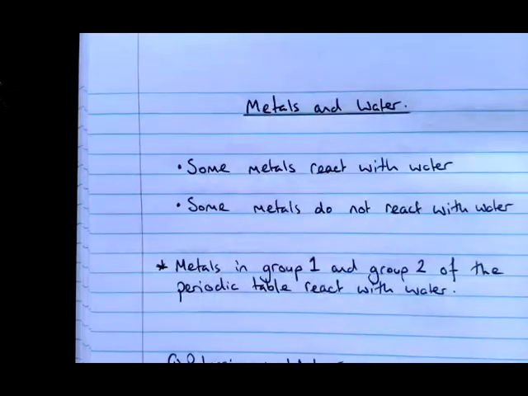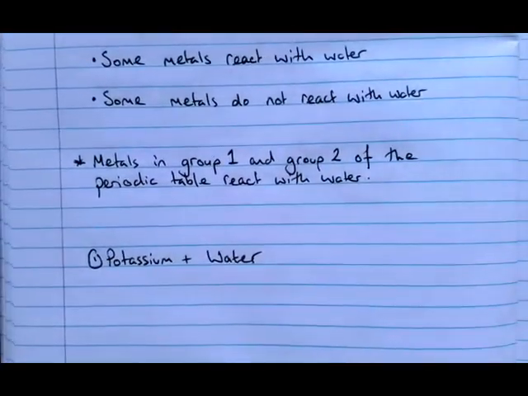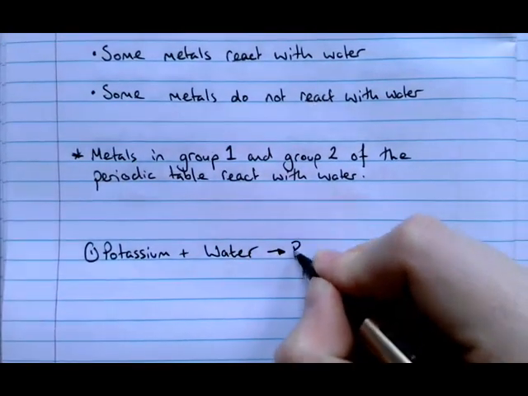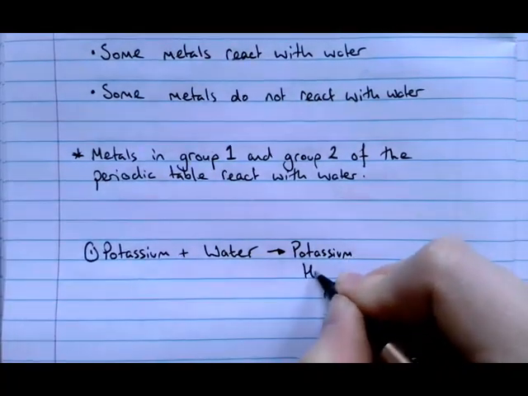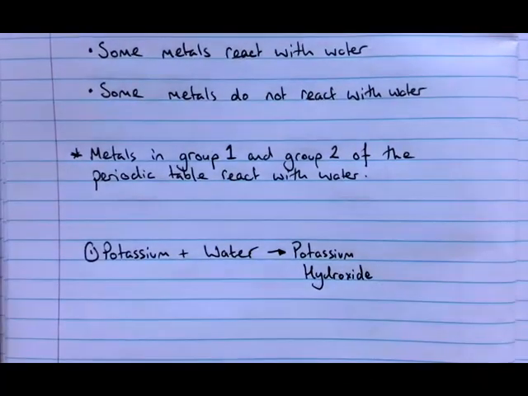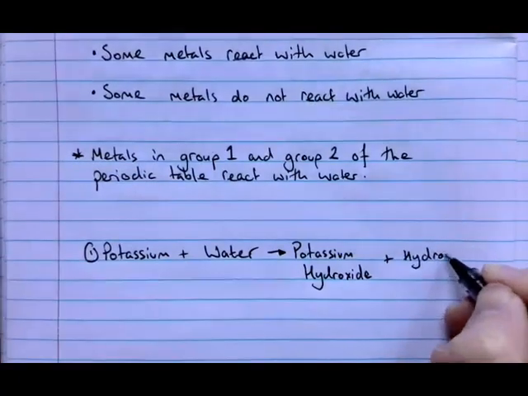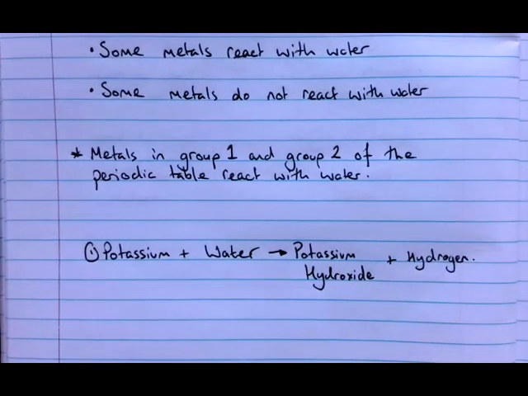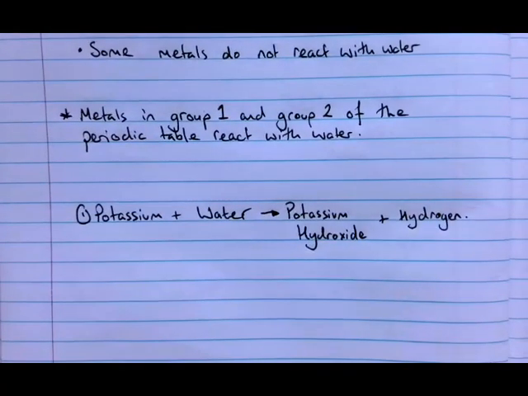So, if we do the reaction of potassium and water, we get something called potassium hydroxide. And we get hydrogen gas as well.